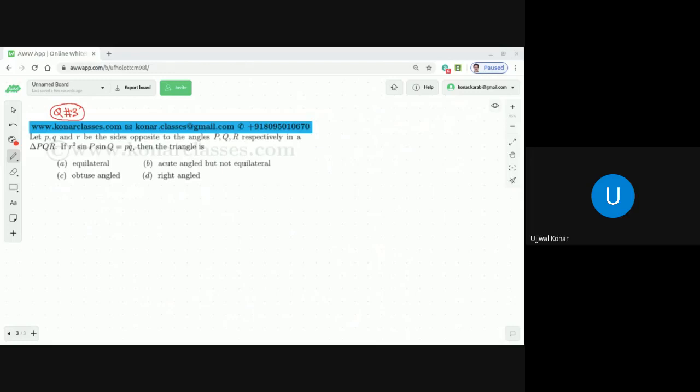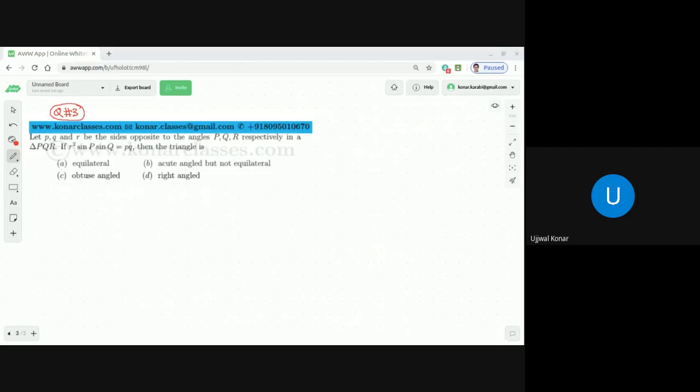Okay, so to approach this kind of problem, first let's see what is given to us, and from there what we can achieve. Okay, dear students, so let's first think what is given to us. It is given to us that r square sine P sine Q is equal to pq, and this we need to take into consideration.